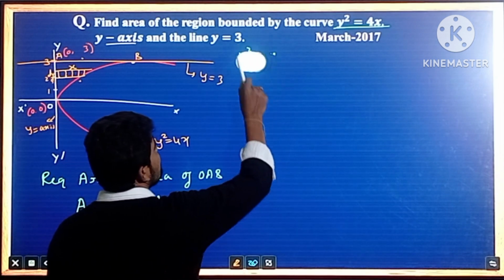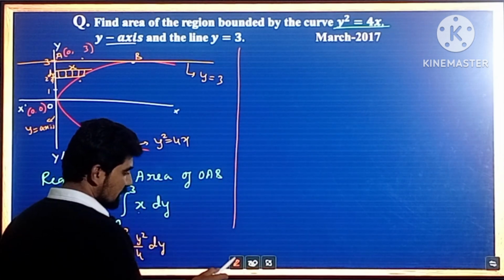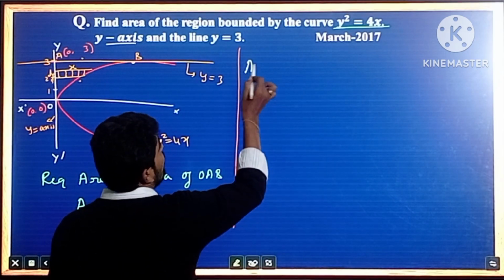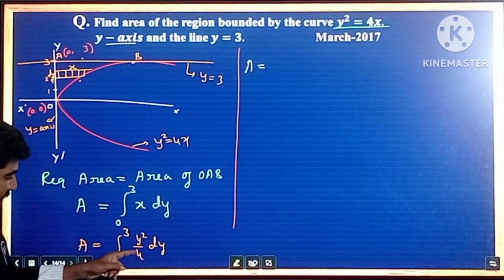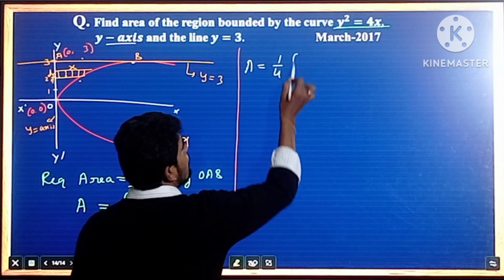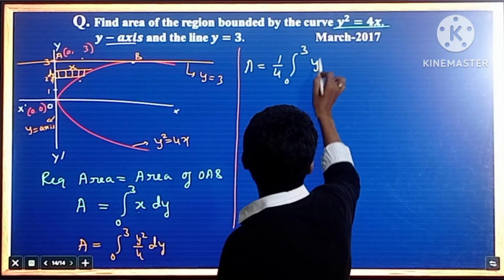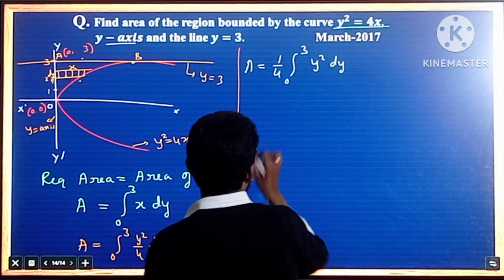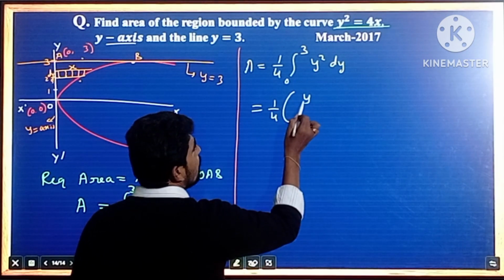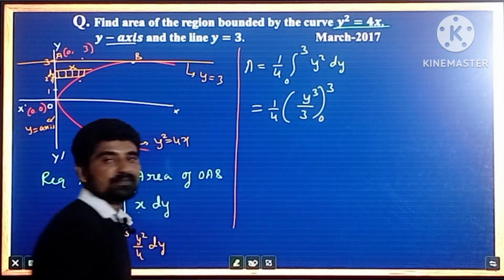Now what is the next step? Just integrate and use the limits. So in the next step, area is equal to, see here 1 by 4 is a constant taken outside the integration sign, 1 by 4 into integration from 0 to 3 of y square dy, and 1 by 4 into the integration of y square is y cube divided by 3 over the limit 0 to 3.